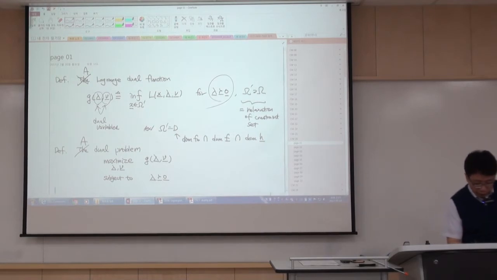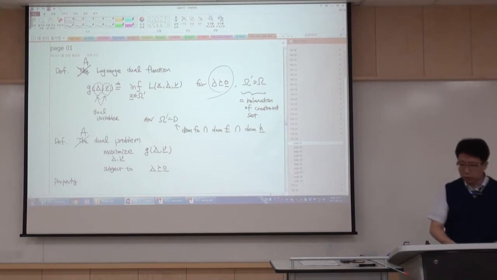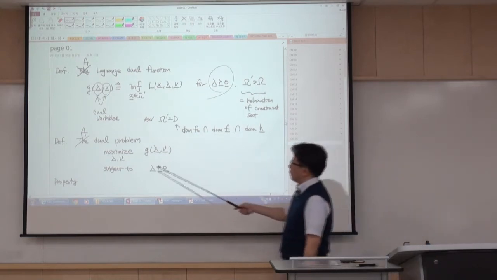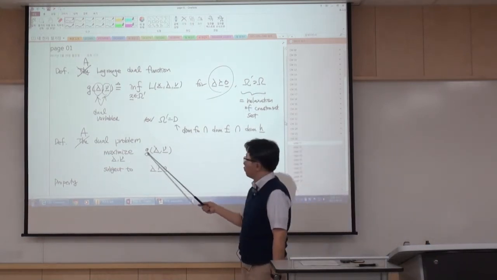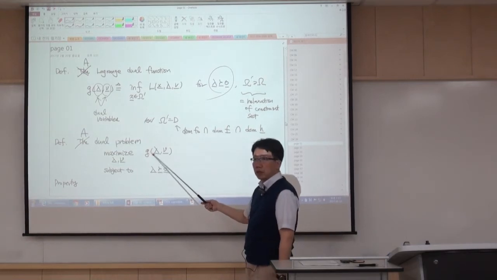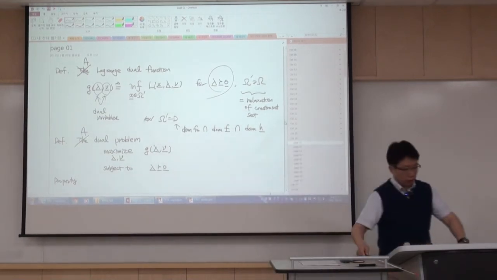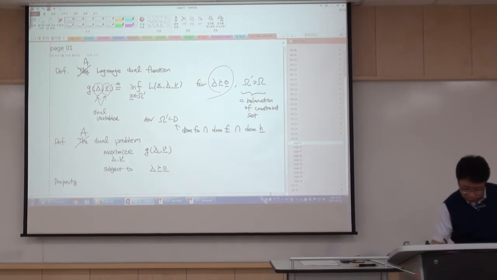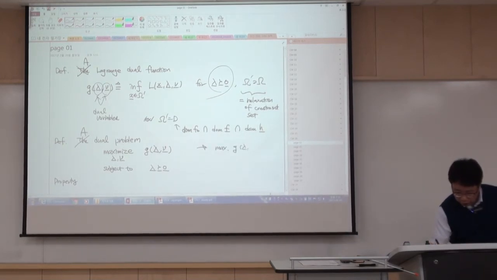Now, what is the property? Let's say the optimal value of G, the max of G subject to lambda greater than or equal to 0, is D star.